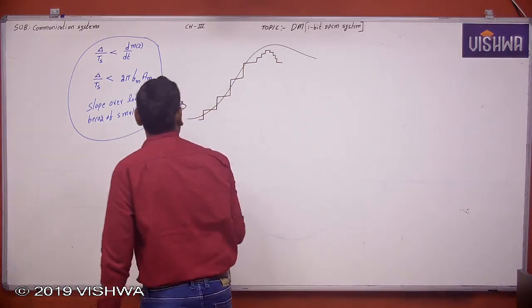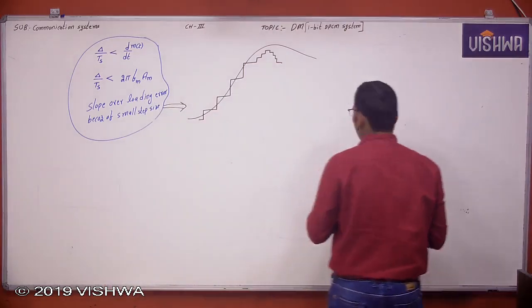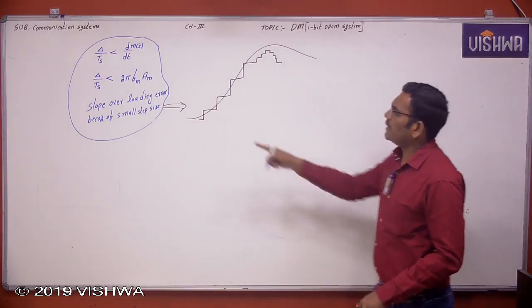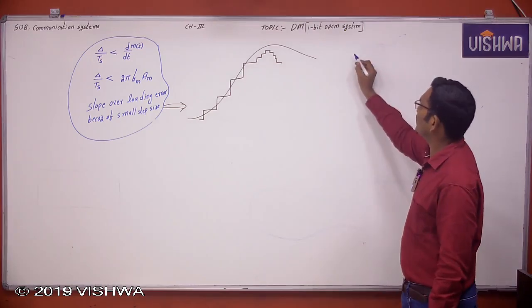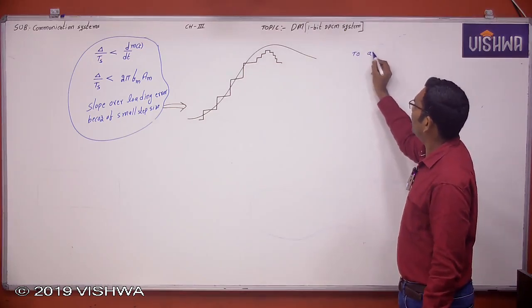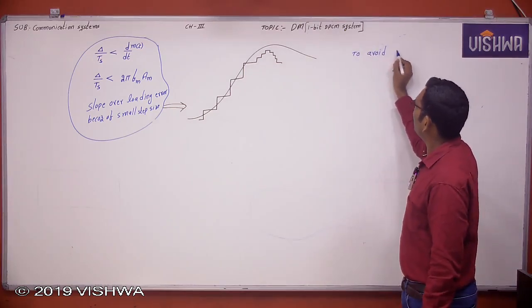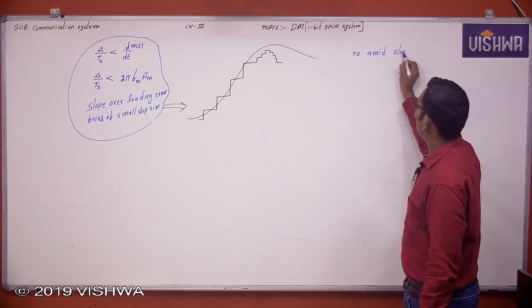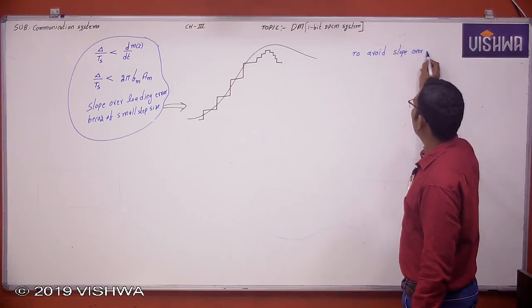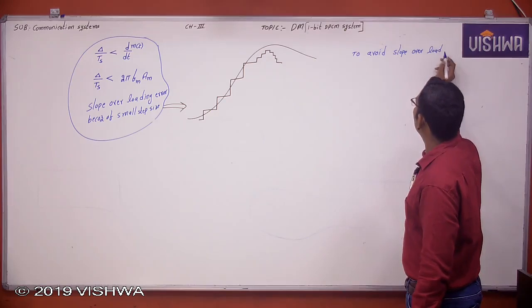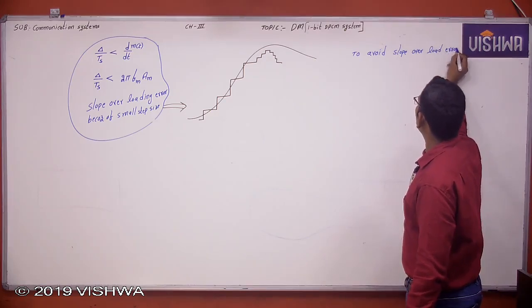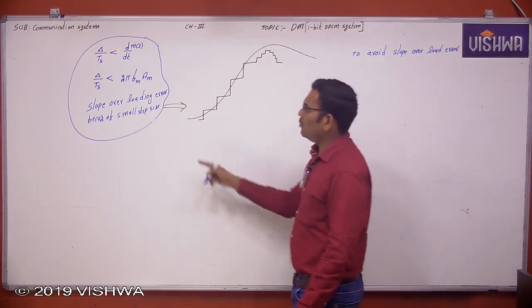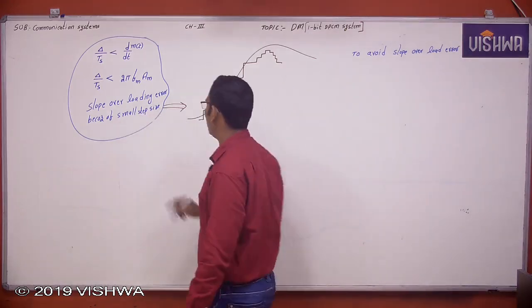Right. Now what should we do? This is the condition for slope overload distortion to occur. Now to avoid slope overload error, why does the slope overload error come? The slope overload error comes because of the smaller step size.